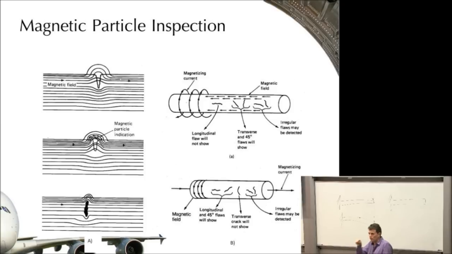So you can see that there's something going on inside because the iron filings will have a weird pattern around where there's damage. It also can be used for subsurface damage, whereas with dye penetrant testing, we can't use it for subsurface damage because the dye won't go into subsurface cracks. This will pick up limited amounts of subsurface damage.